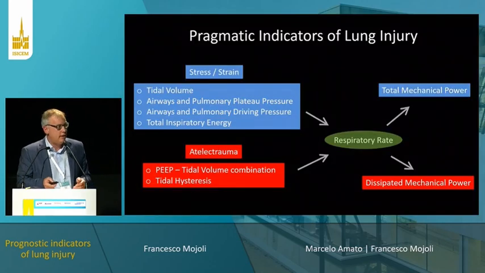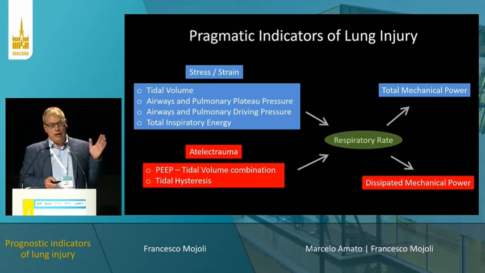So in the end, and this is my last slide, to be pragmatic, we have to limit both stress and strain and atelectrauma. Playing with tidal volume, trying to control plateau pressure and driving pressure, and of course the total inspiratory energy, to limit stress and strain.